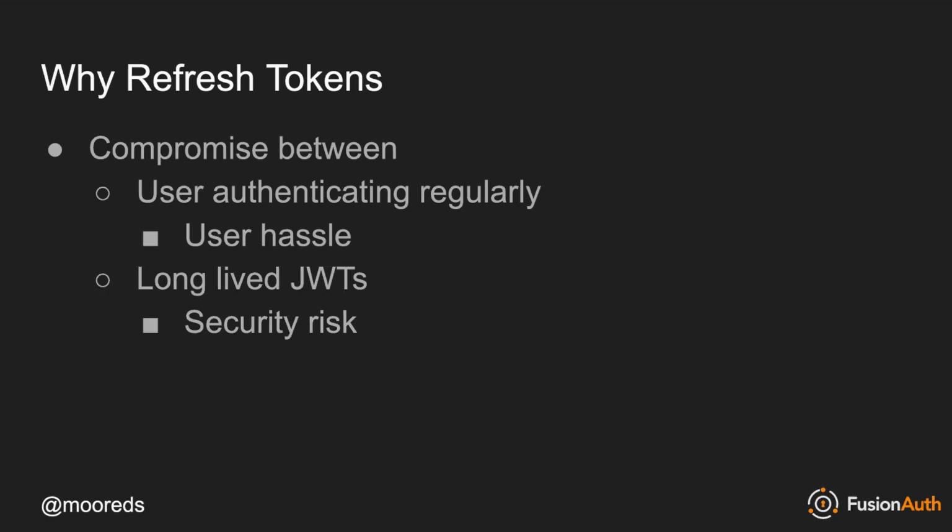I have a whole set of slides in a little bit about ways you can work around that limitation. But in general, the best way to revoke a JWT or to have a JWT be not useful anymore is to have it expire. That's the surest, simplest way.